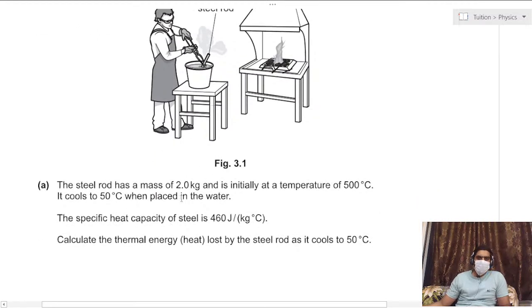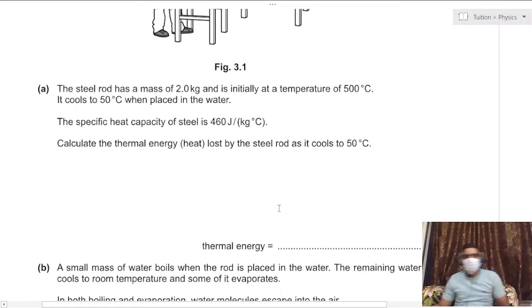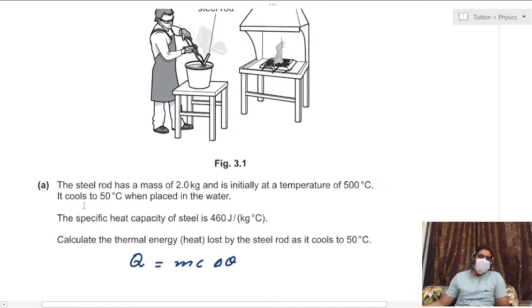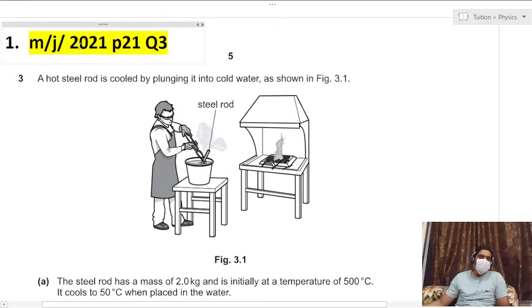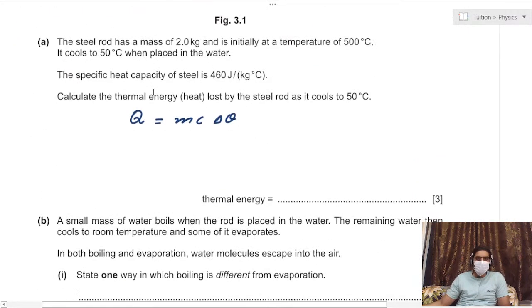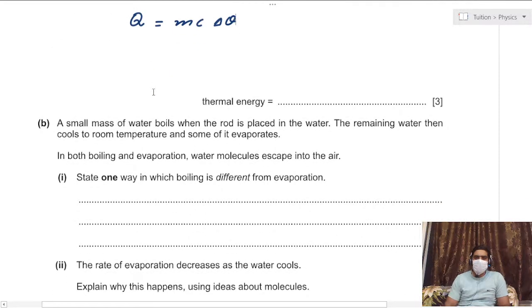The steel rod, it's the same one that we have just solved. We apply the formula Q equals mc delta theta. So anyone who was asking what question that was, this is from year 2021 May June paper 2-1. So the answer to this one was 414,123 joules.